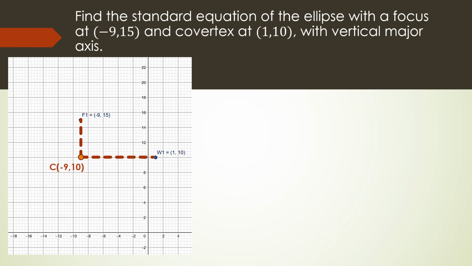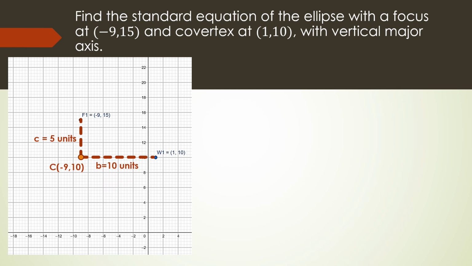After this, let us identify the distance from the center to the focus to find the value of c, and the distance from the center to the co-vertex to find the value of b. So the distance from the center to the focus is 5 units, and the distance from the center to the co-vertex is 10 units.